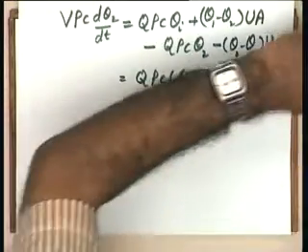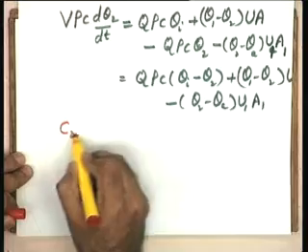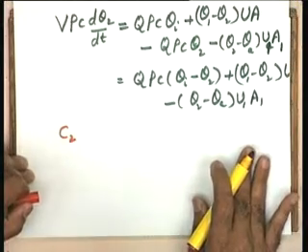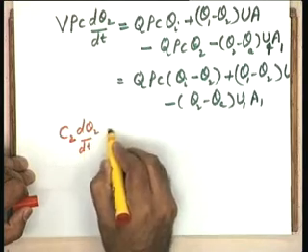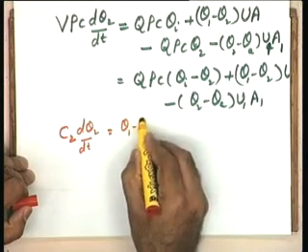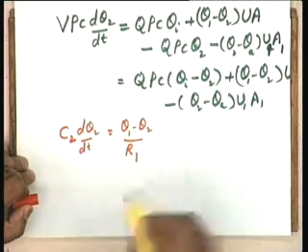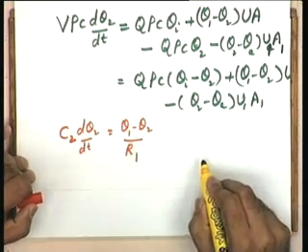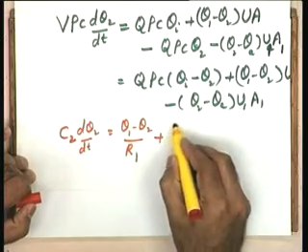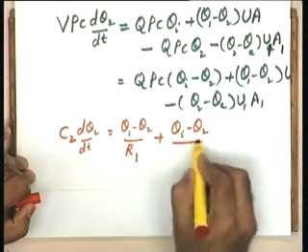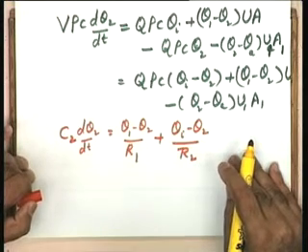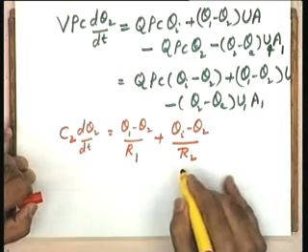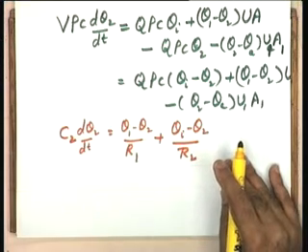If I take equivalent electrical parameters, I will write this equation as C2, the thermal capacitance of the liquid in the tank, d theta 2 by dt equal to theta 1 minus theta 2 by R1, the thermal resistance of the heater mass, plus theta I minus theta 2 into R2, the thermal resistance of the inflowing liquid in the tank, that is R2 is equal to how much? 1 over Q rho C. It is I think obvious.